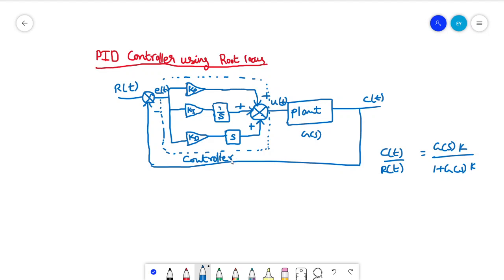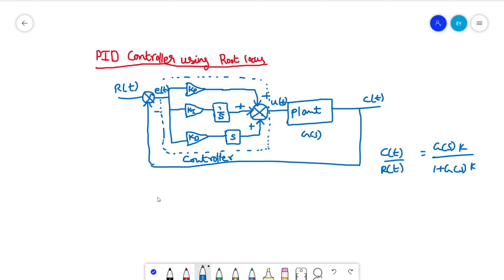Writing it in the time domain, the integrator is nothing but the integration from 0 to t of e of t, because e of t is the input coming to the controller. E of t is the error, the error with respect to the desired specifications.